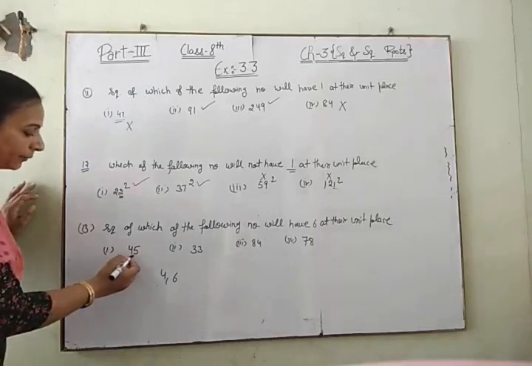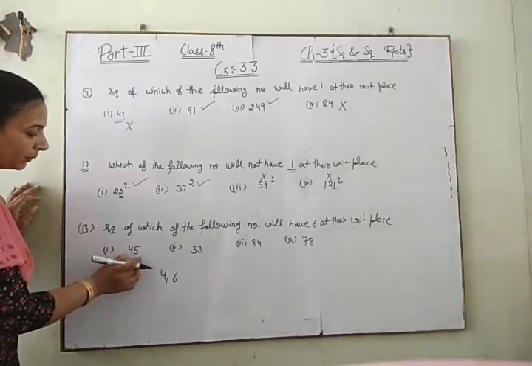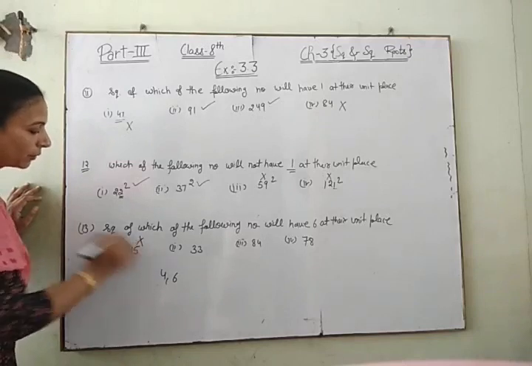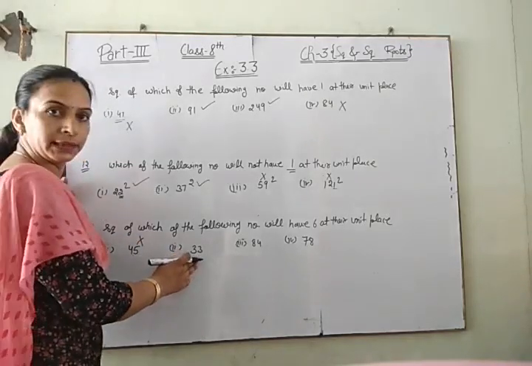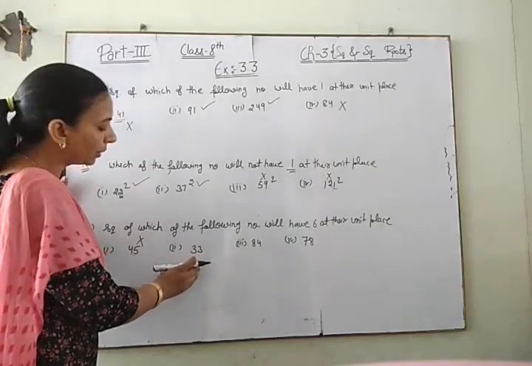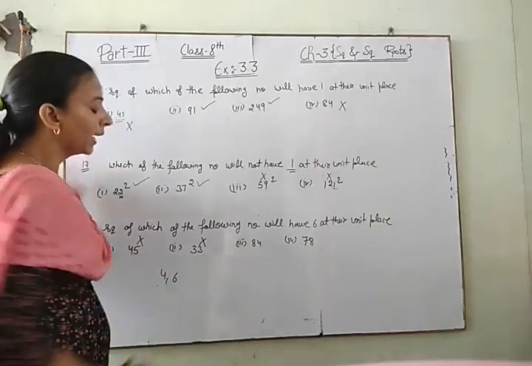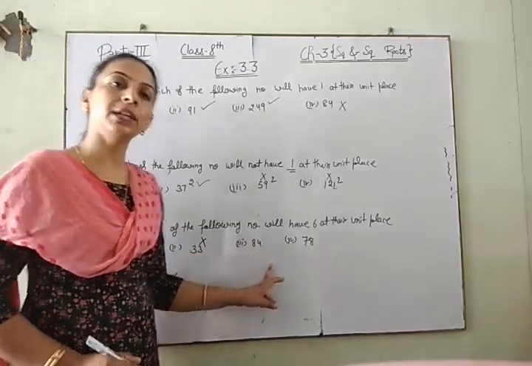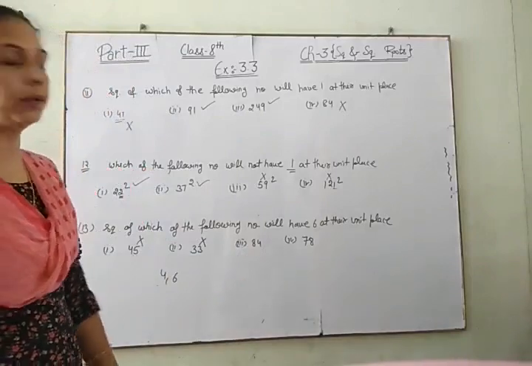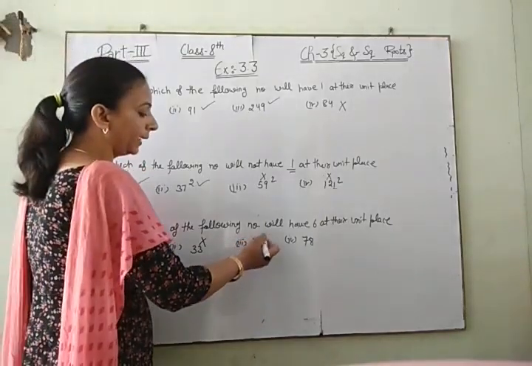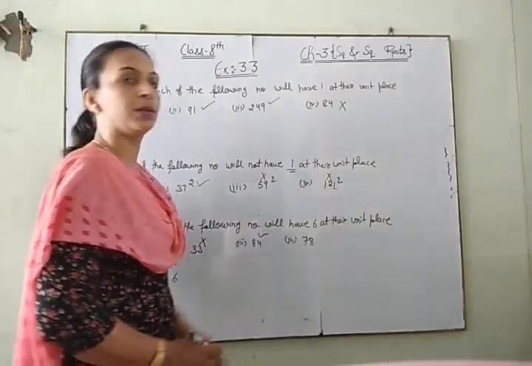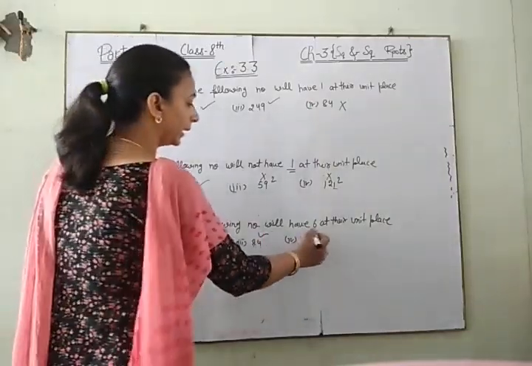So this number ends with 5, then if we find the square of 45, the unit place is not equal to 6. This number ends with 3, so if we find the square of 33, the unit place is not equal to 6. This number ends with 4, the unit place is 4, so if we find the square of 84, this number ends with 6. Okay, we take this number, and this one ends with 8, so we don't take this.